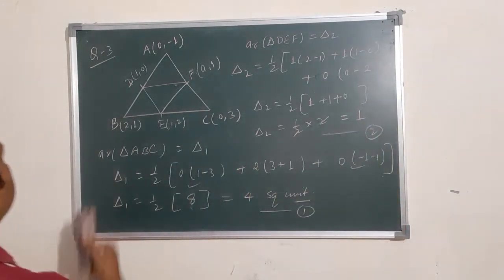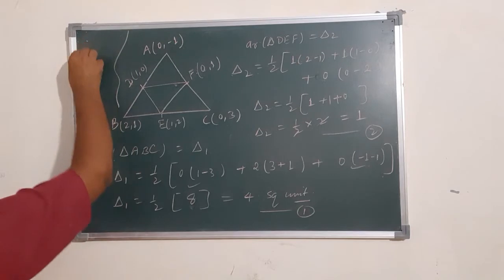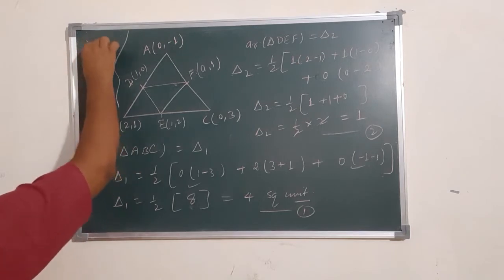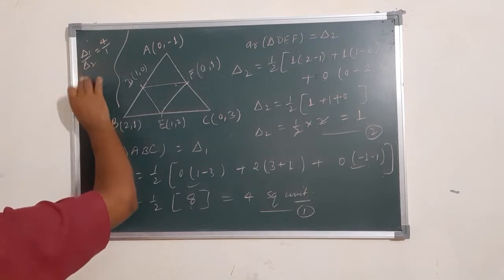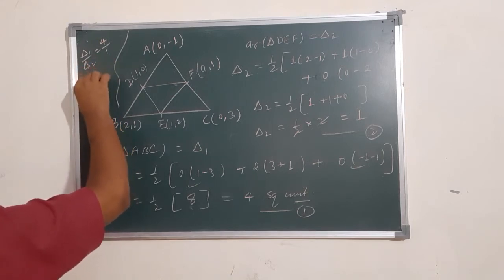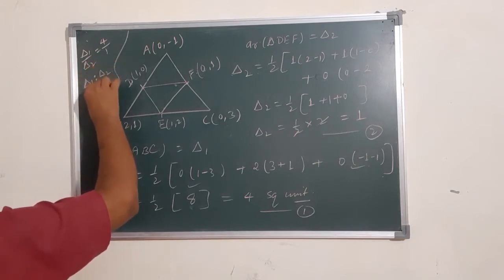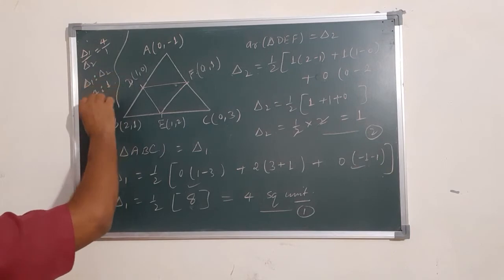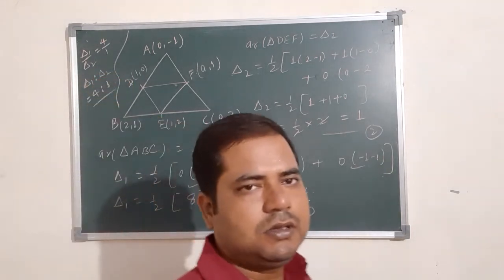Delta 1 upon delta 2 is nothing but 4 ratio 1. So this is the solution for this particular question number 3.